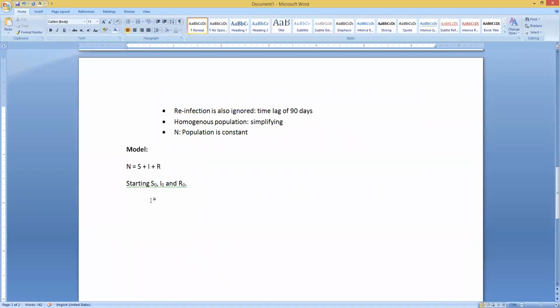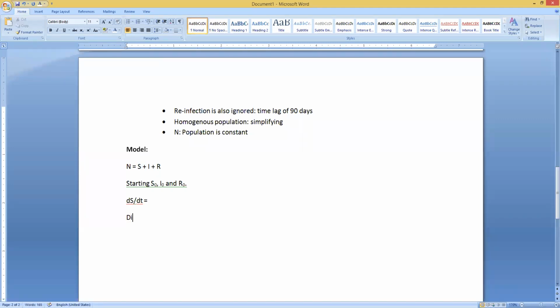Now, what we want to do is find out what will be S, I, and R at a particular point of time. How will they move over time? So for this, we have to define dS/dt. What is dS/dt? Over time, the number of susceptible persons changes.